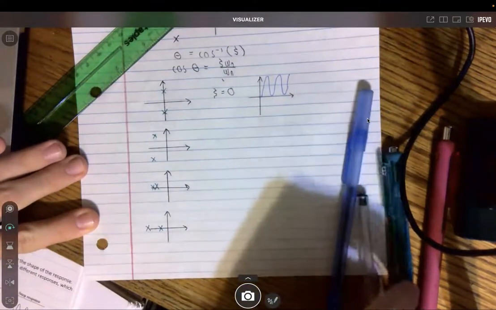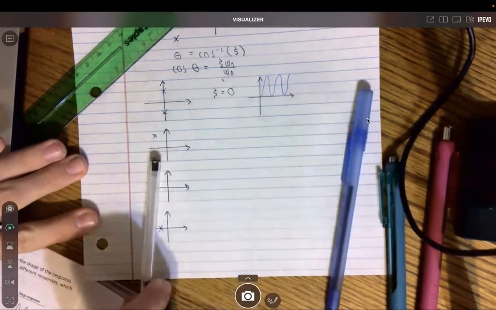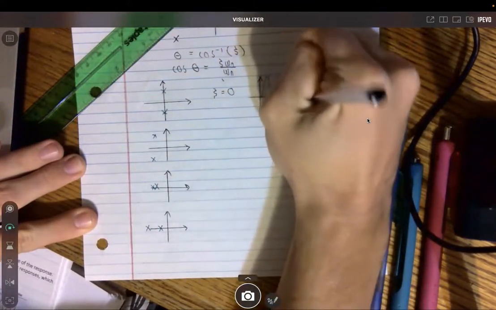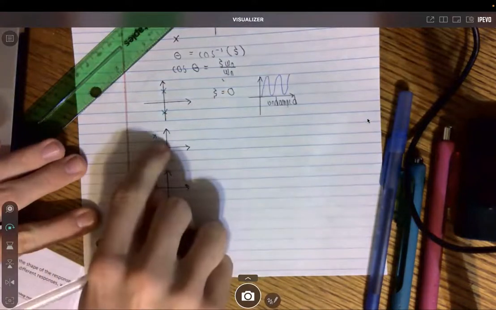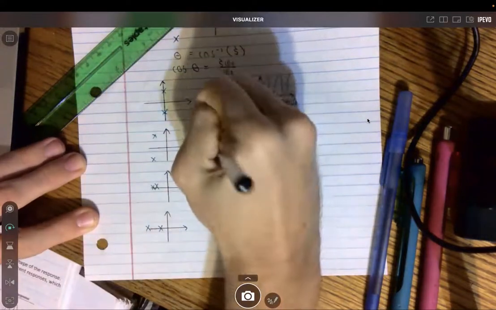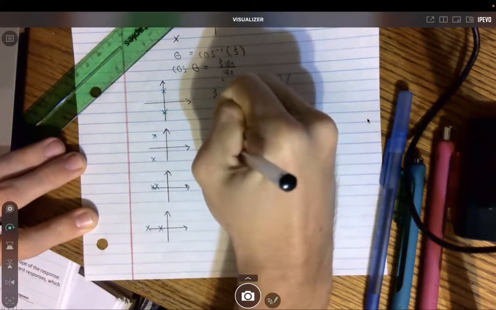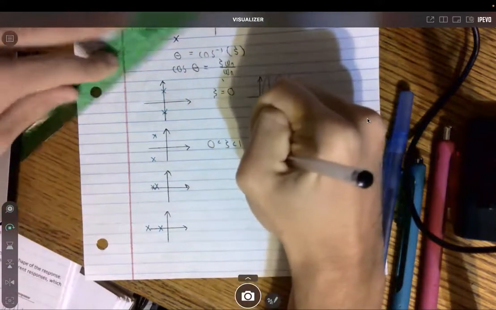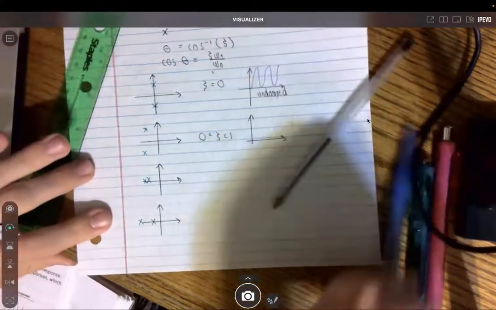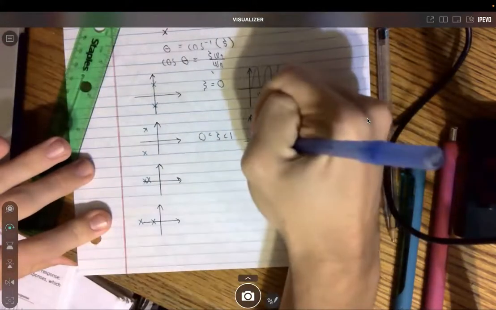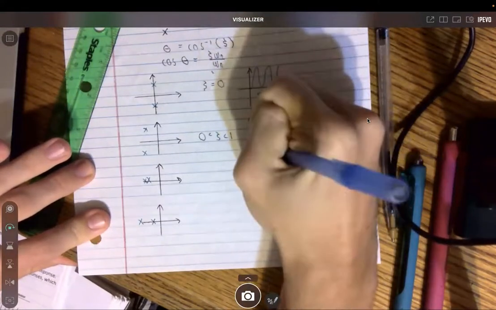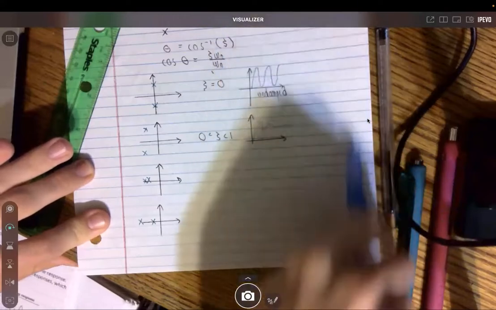This would be an undamped system. And then when zeta is between 0 and 1, what we're going to see for our output graph is an underdamped system. You'll notice at the beginning there's a little bit of the oscillatory part, but it dies out. This will be our underdamped.